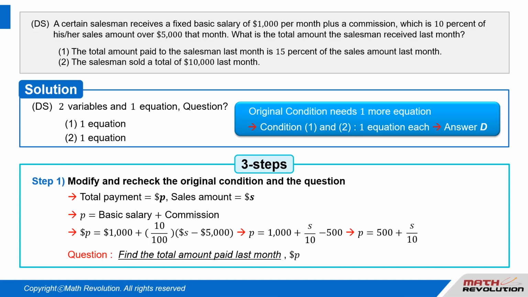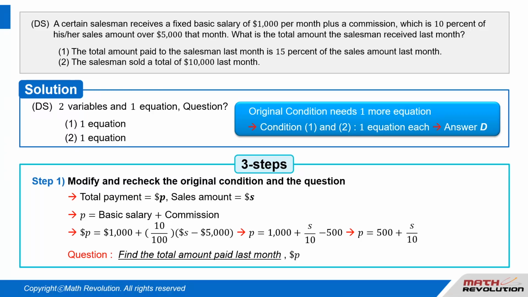This simplifies to P equals 1,000 plus S over 10 minus 500, or P equals 500 plus S over 10. We have to find the total amount paid to the salesman last month, which is equal to $P.